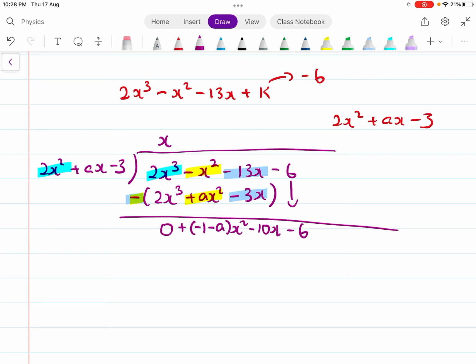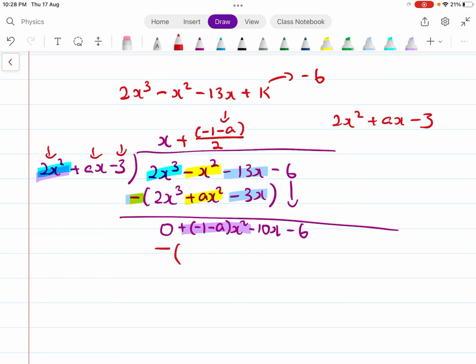Okay, next thing, continue. So I divide this first term by this first term. So when you divide, what you get is plus, so I just put a plus first, negative 1 minus a, bracket, over 2. Then after that, you just put a minus first. So this thing, you times each of the 3 terms here.